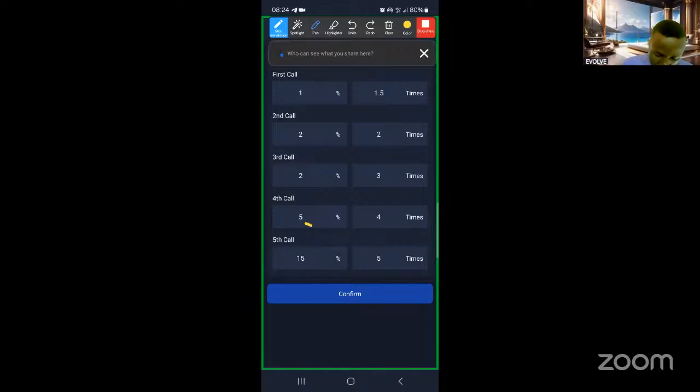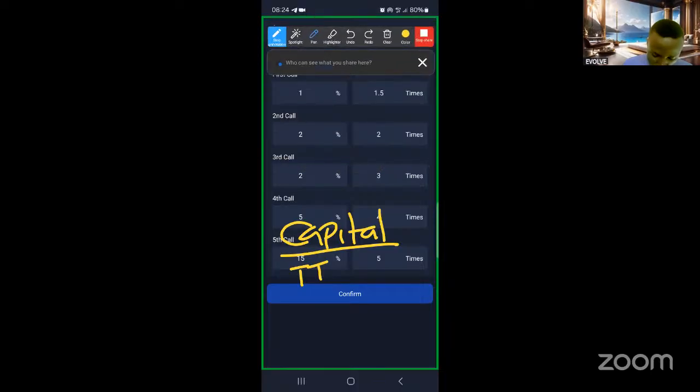Capital divided by the total buying ratio, BIR, equals the first buy-in amount.